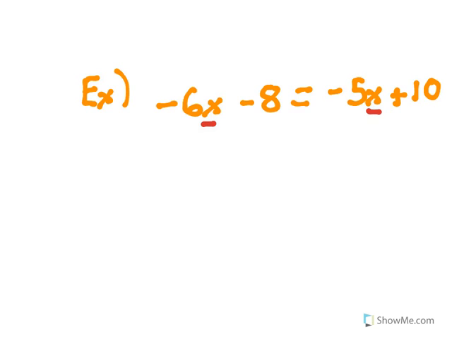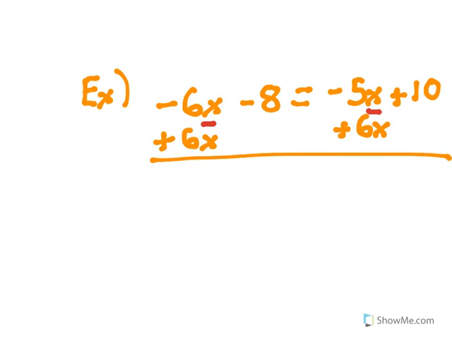To move negative 6x, I've got to do the opposite of a negative to make that to become a 0. So I'm going to add 6x on both sides. Now what happens is negative 6x plus 6x is 0. So those will go away. So we'll be left with negative 8 equals negative 5x plus 6x which is 1x plus 10.